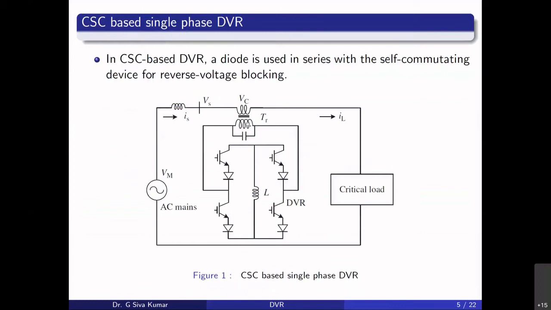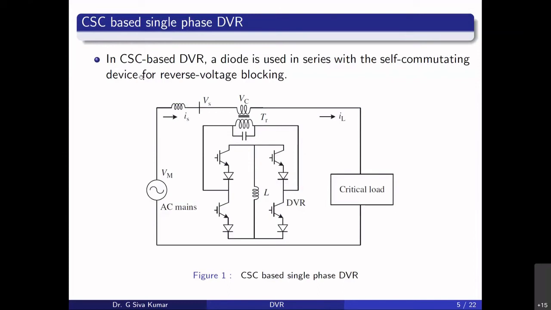This is a typical single phase compensator. This series compensator will also be called a dynamic voltage restorer. From the inverter point of view, we have a current source inverter and a voltage source inverter.